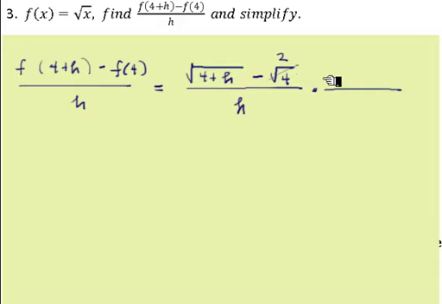All right, so let's do that here. We're going to multiply by the conjugate, and that's just a trick that is used to manipulate these type of radical expressions.